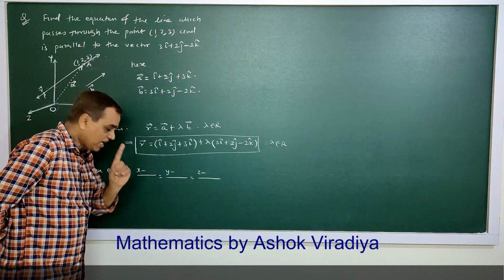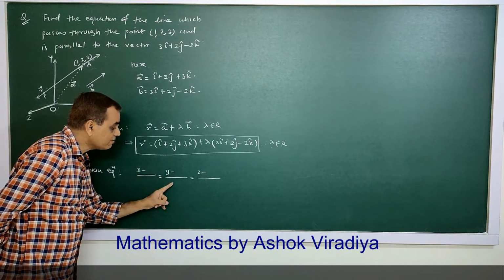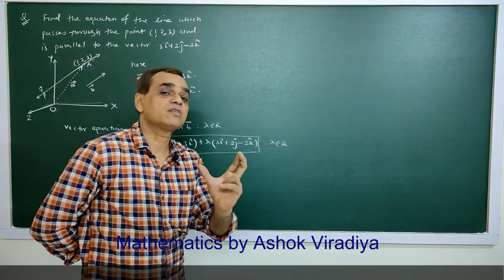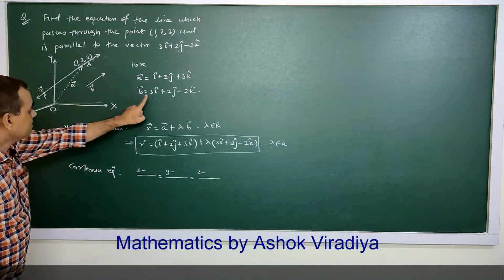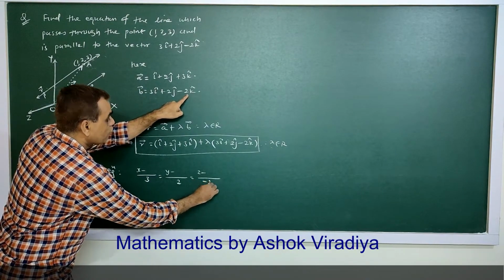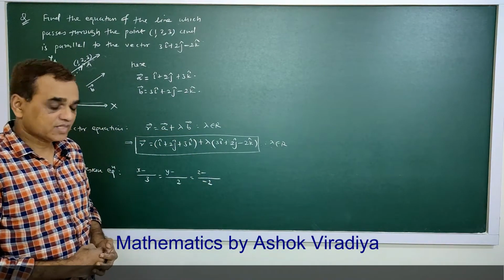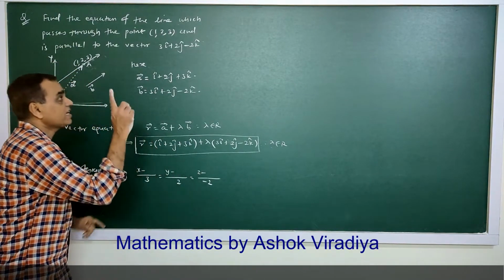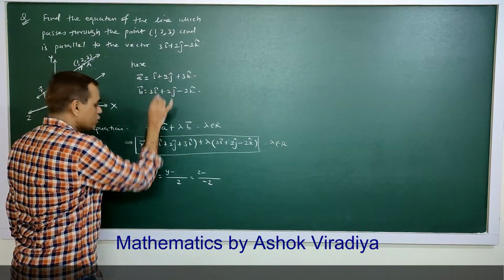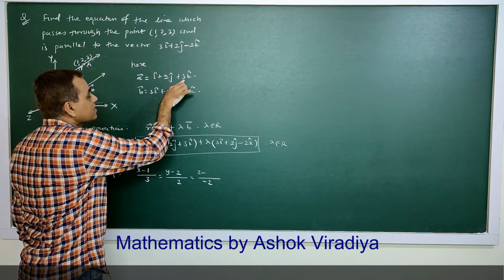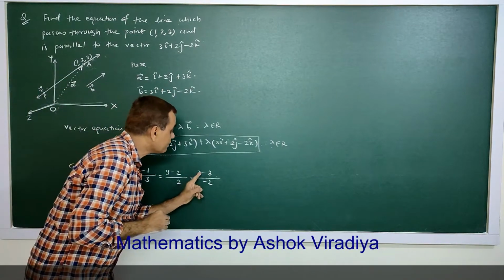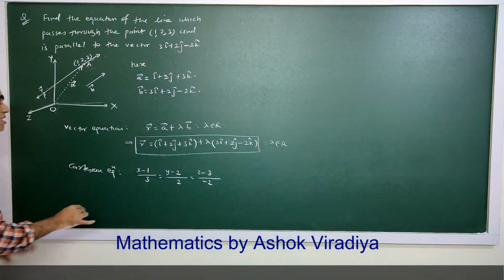See, a, b, c are scalar components of the parallel vector, so put them in the denominator. And here we put x1, y1, z1, the scalar components of the given point. x1 is 1, so put 1 here. y1 is 2, so put 2 here. z1 is 3, so put 3 here. If it is minus 3, then minus minus will be plus 3. So this is the Cartesian equation.